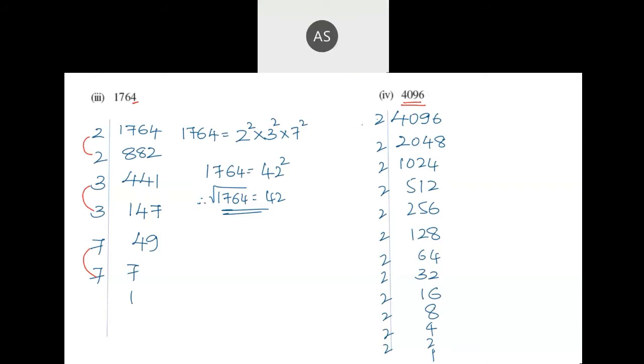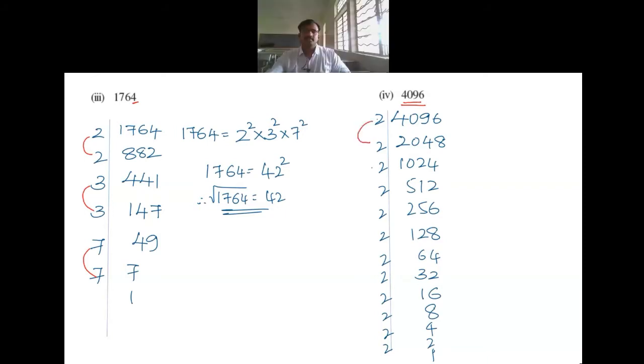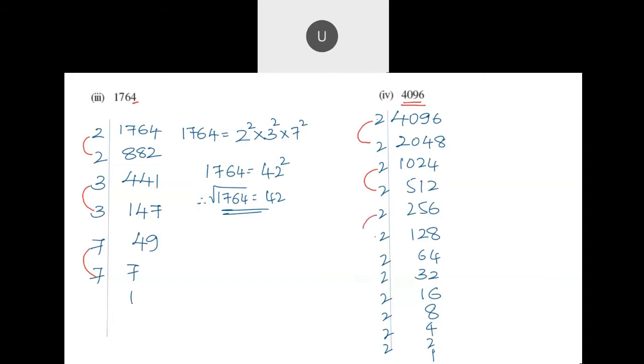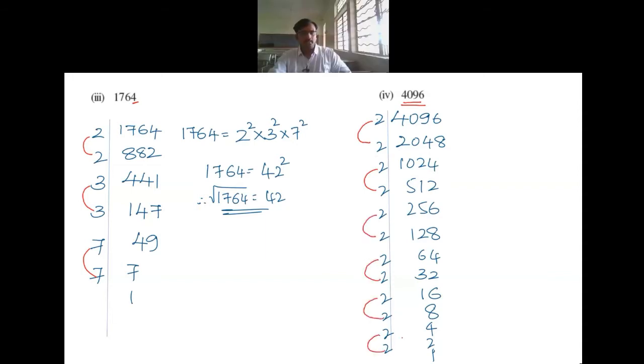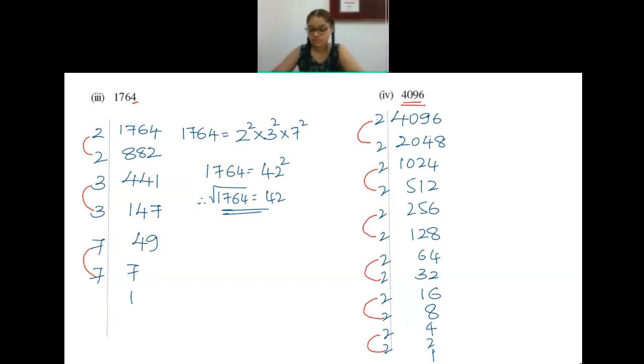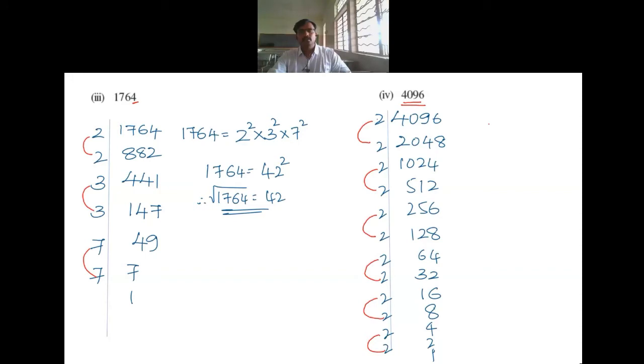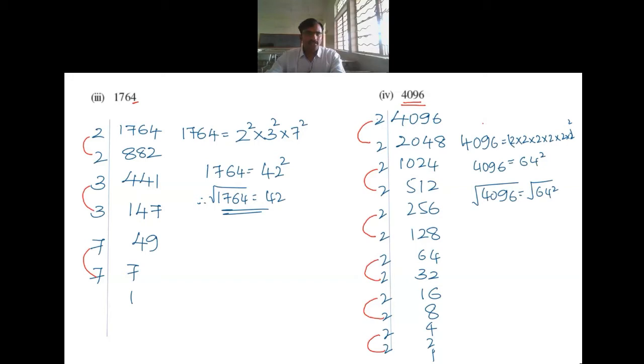Look at how many pairs are there: 1, 2, 3, 4, 5, 6 pairs. If 2 is multiplied 6 number of times, we get 64. Hence the root of 4096 is 64.